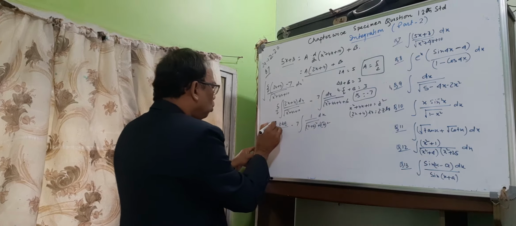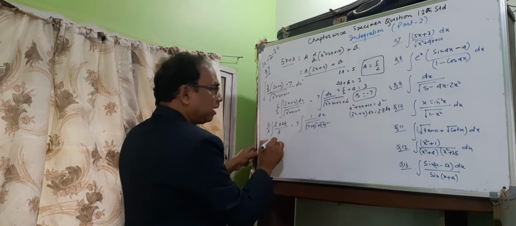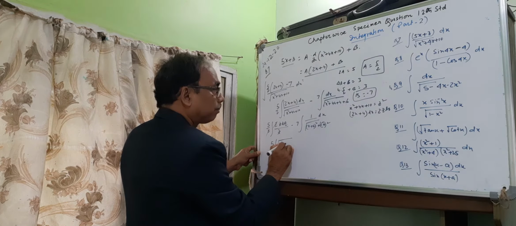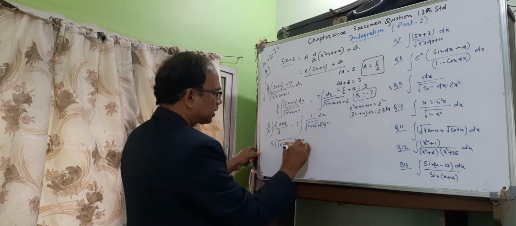Now 2 cancel, z cancel, that is 5 dz is z, value of z is root over of x square plus 4x plus 10, minus 7.